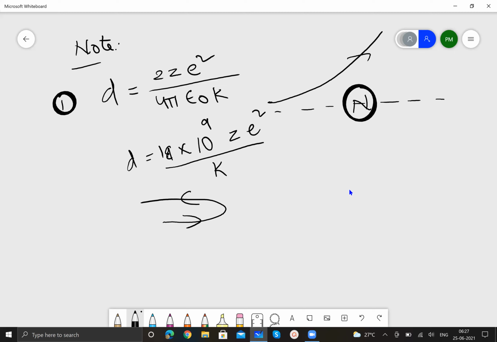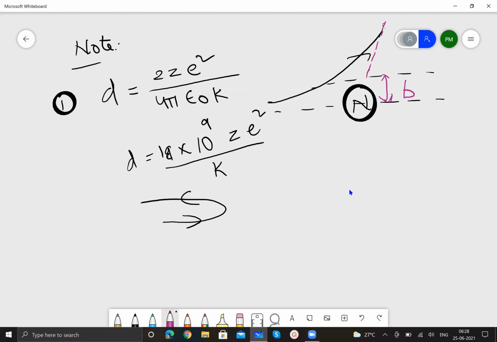And here is the line of reference drawn from the point where it started scattering. So draw a tangent to this curve at this point. The perpendicular distance between the line of reference along which the alpha particle moves and the nucleus of the gold atom is called the impact parameter.